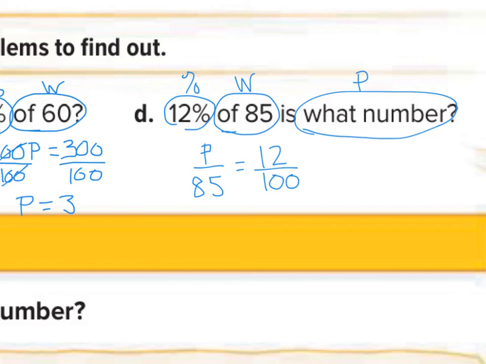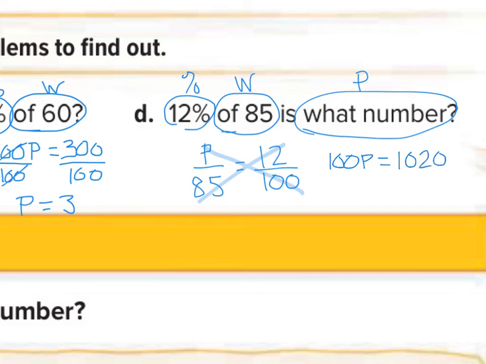So you're going to multiply diagonally like this. Okay, and that would give you 100 times P, 100P, and we've got 12 times 85. I believe that's 1,020.